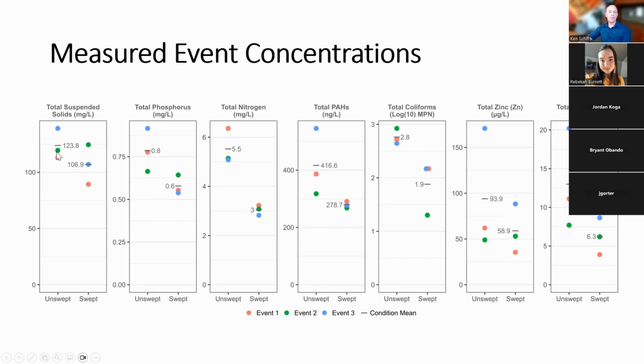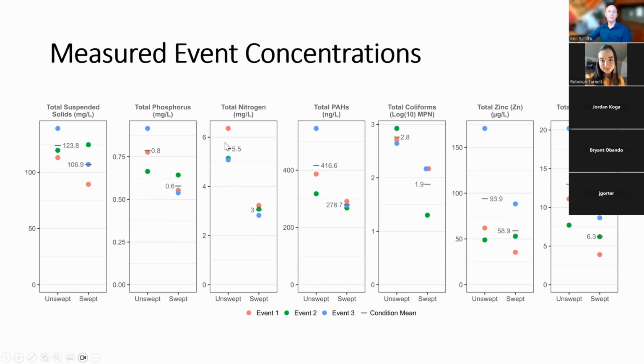The best way to interpret that is we'll just take total nitrogen. Here's the spread of data, but there's clearly a large difference between the concentrations, or the mass, because it's all equal volumes, between swept and unswept.